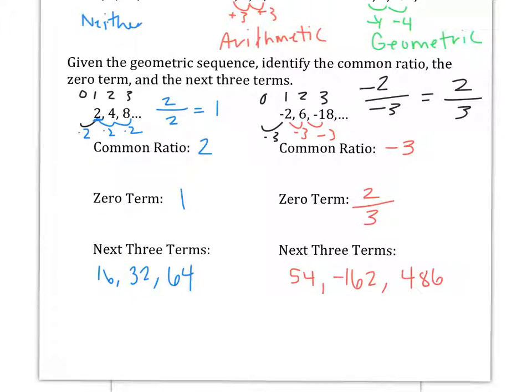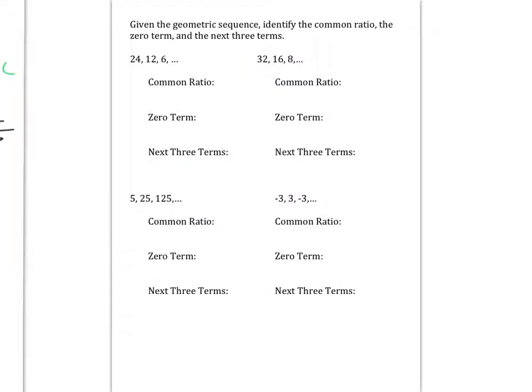So geometric sequences can get large really fast, or on the other end, they can get small really fast, and that's because we're multiplying by the common ratio between each term. All right, so given the geometric sequence, let's continue to identify the common ratio, the zero term, and the next three terms. So I see 24, 12, and 6.